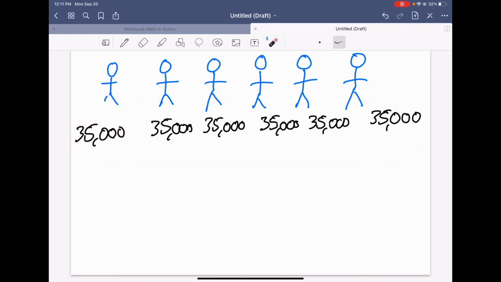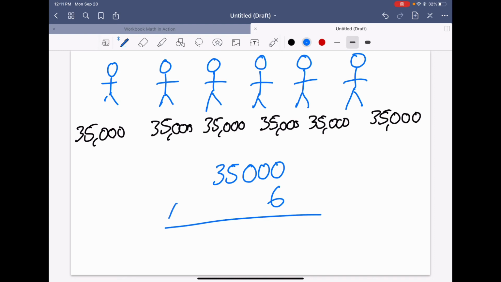But what's a simple way, right? We can just do 35,000 times 6. All right, it's the same. But we know there's a zeros trick, right? We have 1, 2, 3. So let's just do 35 times 6. 5 times 6 is 30. Carry over the 3. 6 times 3, 18. 18 plus 3 is 21.